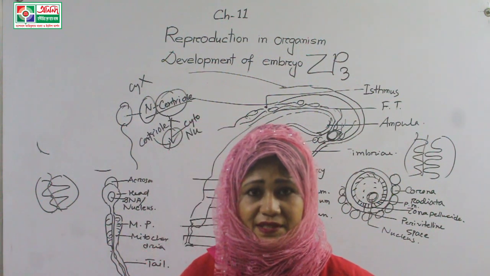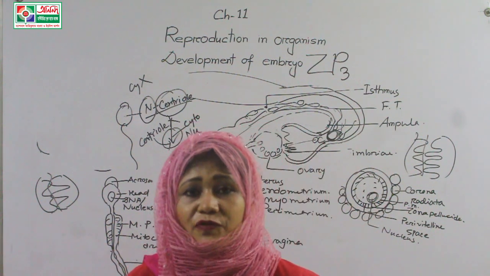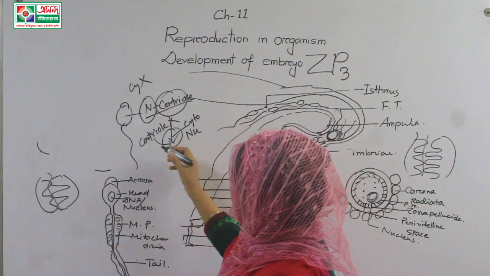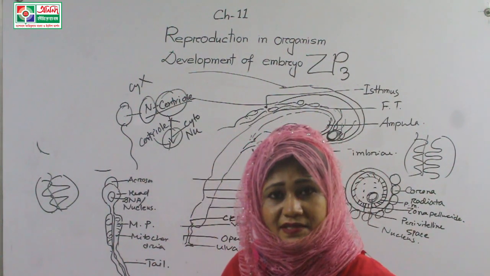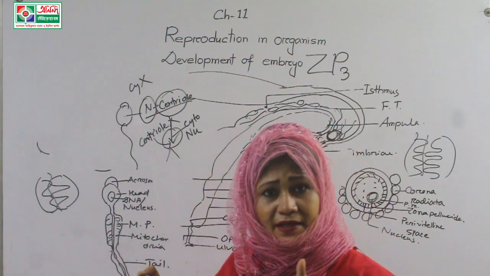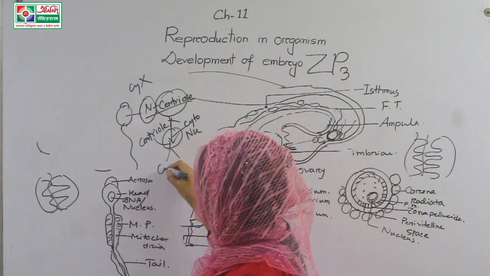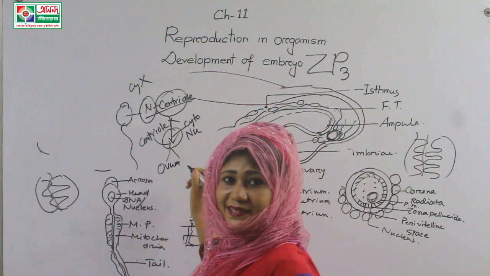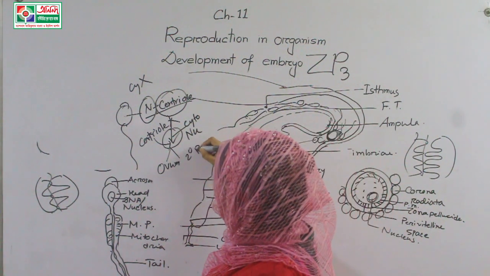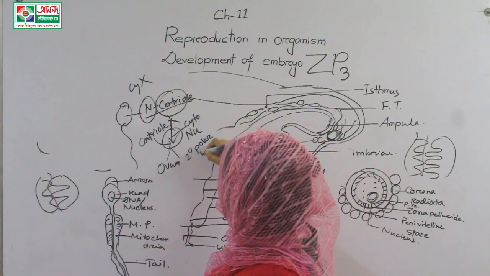The secondary oocyte is in an arrested phase, in metaphase 2 of meiosis 2. So it needs a centriole, and taking this centriole it completes its division, and through this division the secondary oocyte produces the ovum and the secondary polar body.